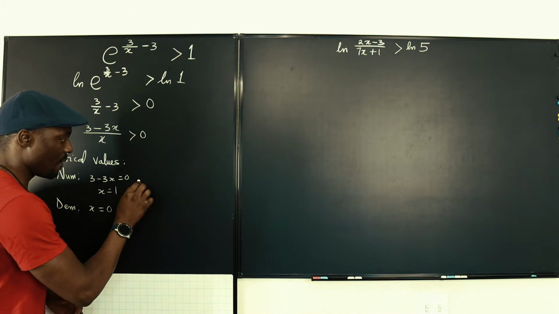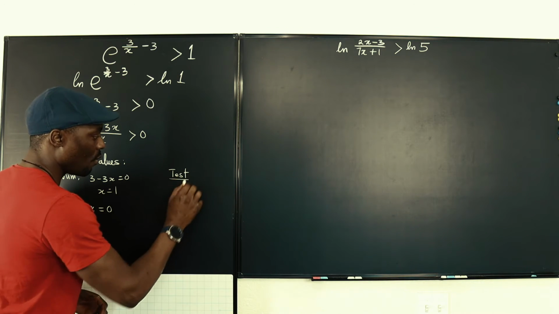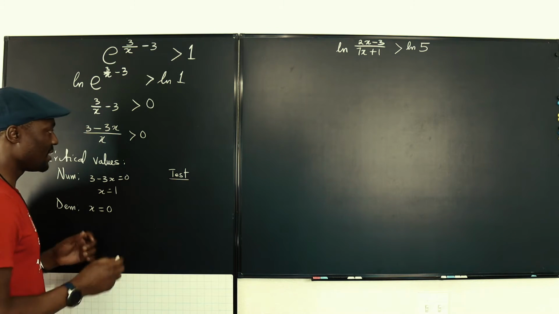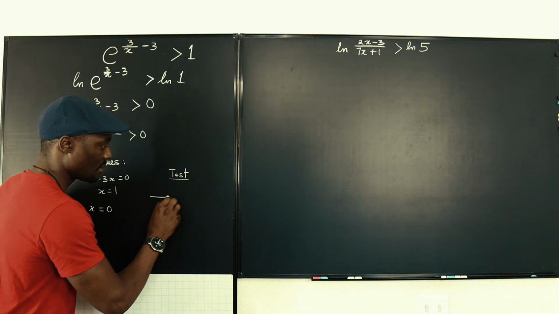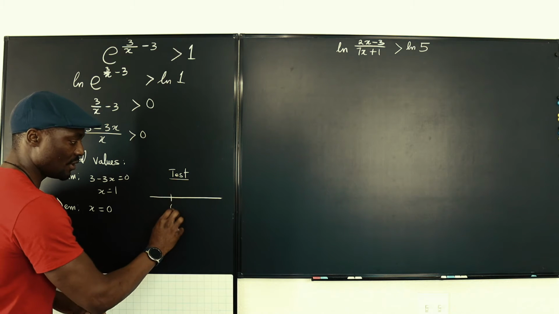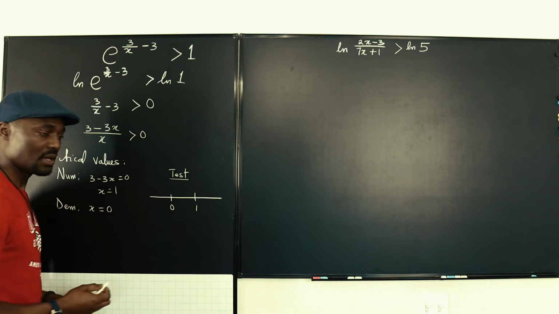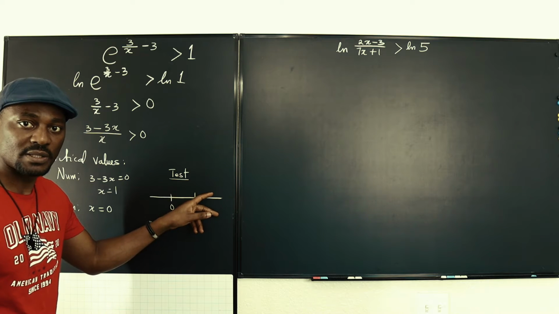Okay, so now let us test. Why are we testing? We want to see when this expression is going to be greater than 0. So you write the two critical values, which are 0 and 1, and you're going to test different regions, different values here to see what works.